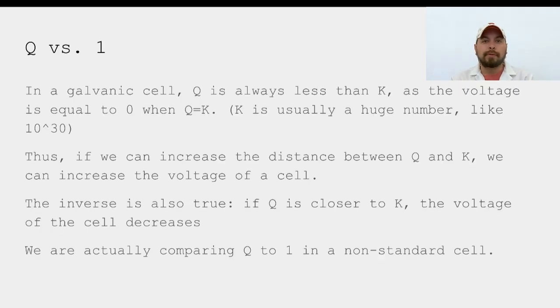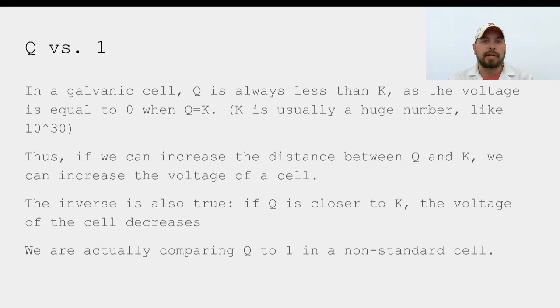If you remember from equilibrium, all of our questions came back to a Q versus K comparison. In this unit, it's a little bit different. We're not so much comparing Q to K, because remember, K is always going to be greater than Q in a functional battery.